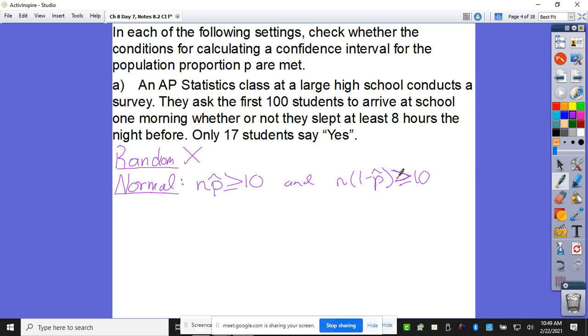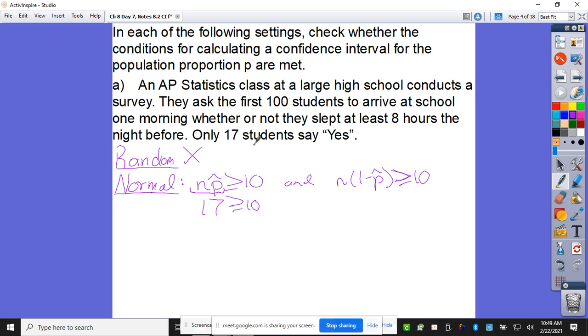In general, what does n times p hat mean? This is my number of successes. So what does n times p hat give me in this problem? The exact number of successes. And so it makes it easier on you because of that.